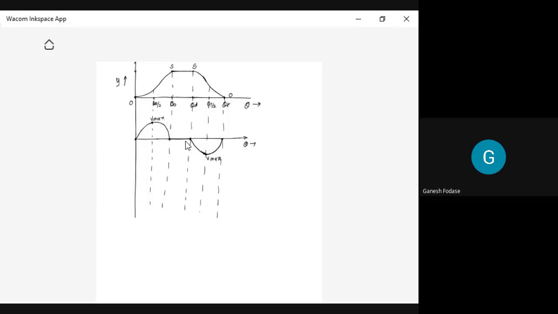Okay. What about acceleration? You check the equation of acceleration and then tell me. At theta is equal to 0, how much is the acceleration? It is a cosine curve.